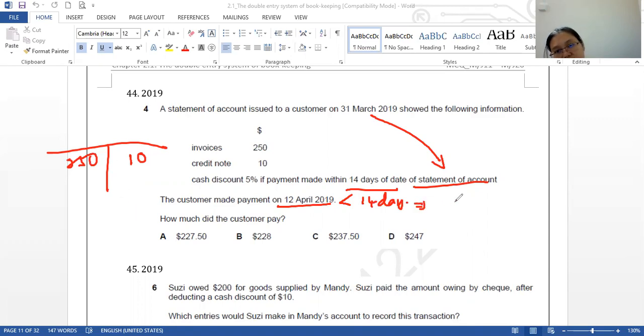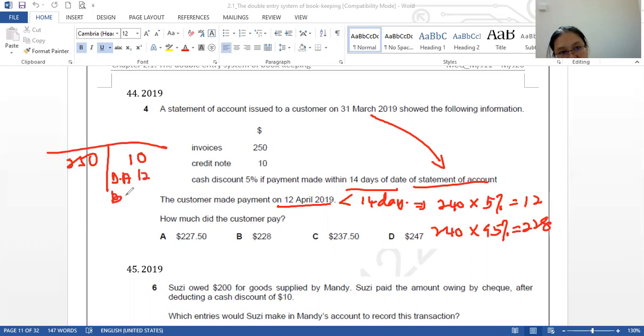So 240 times 5% is equal to 12. 240 times 95%, so you get 228. So with this amount, discount allowed is 12, bank is 228. So how much did this customer pay? 228.